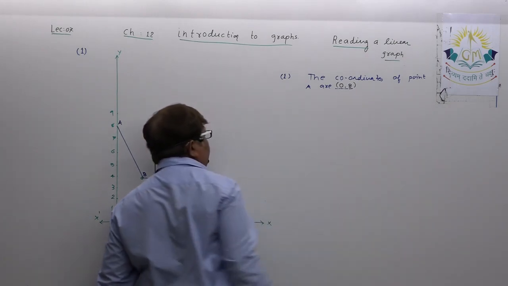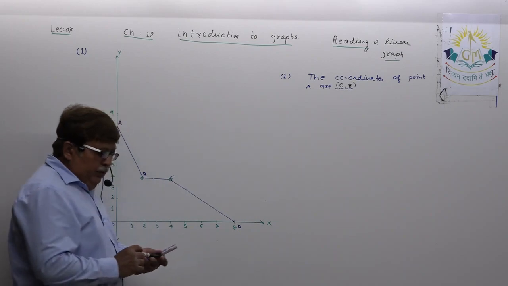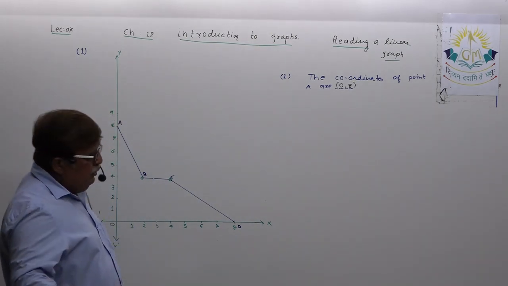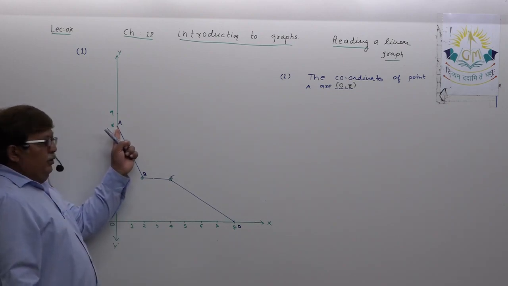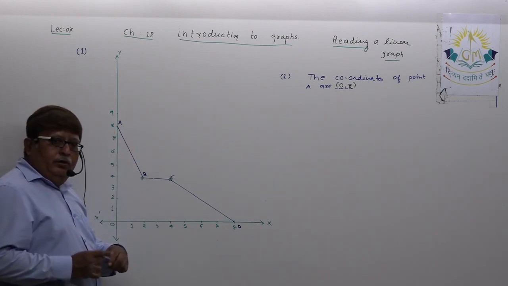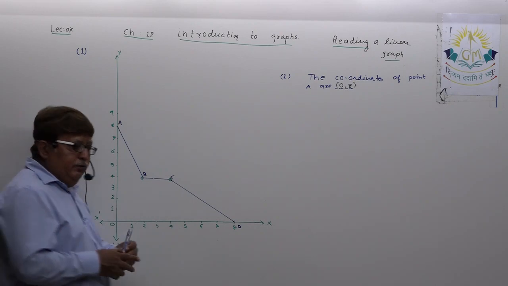So your first answer: the coordinates of point A are 0, 8 because it lies on the y axis.